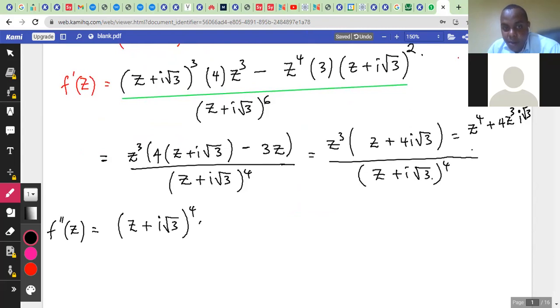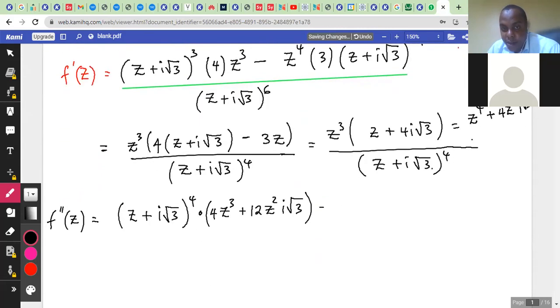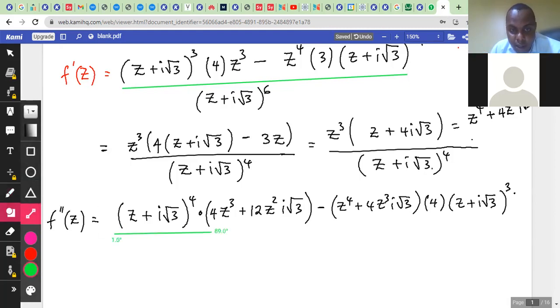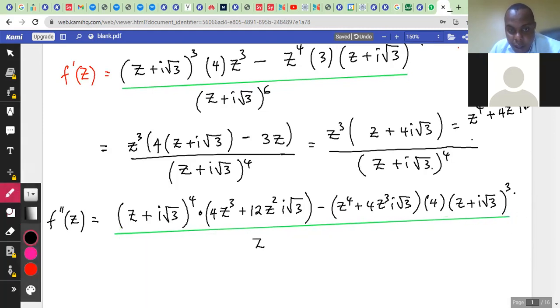It's 4z cubed plus 12z squared times i root 3, and then minus f. F is z to the fourth plus 4z cubed i root 3, times 4 times (z plus i root 3) cubed. And then it's divided by (z plus i root 3) to the power of 8.